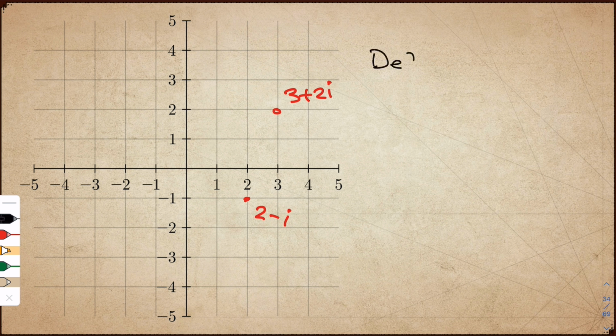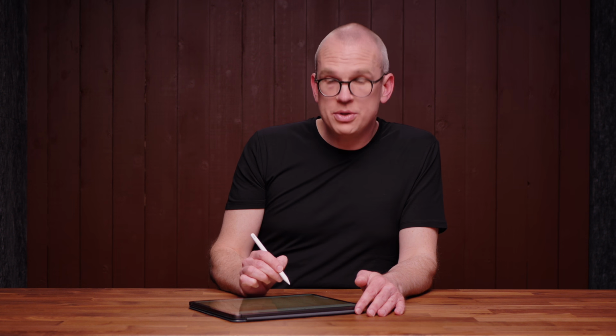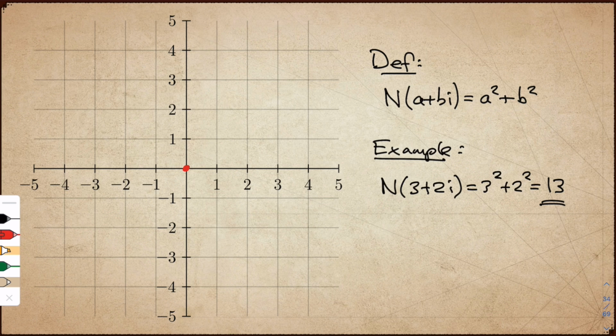Definition. The norm of a Gaussian integer a plus bi is simply a squared plus b squared. For example, the norm of 3 plus 2i would be 3 squared plus 2 squared, that's 9 plus 4, so that's 13. Let's now compute the norm of a few small Gaussian integers. The norm of 0 is 0. We don't care about that now.